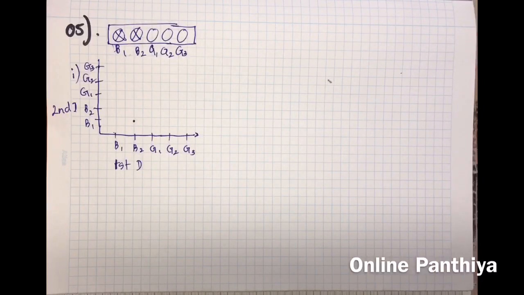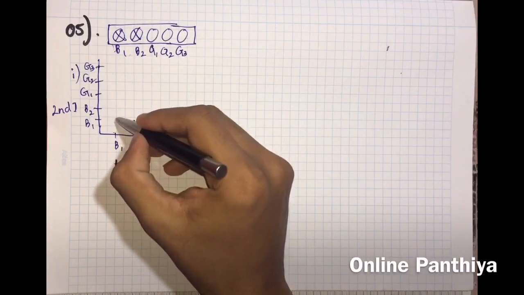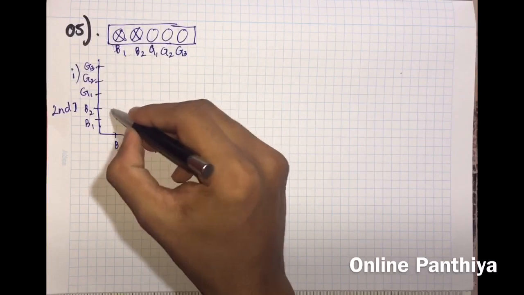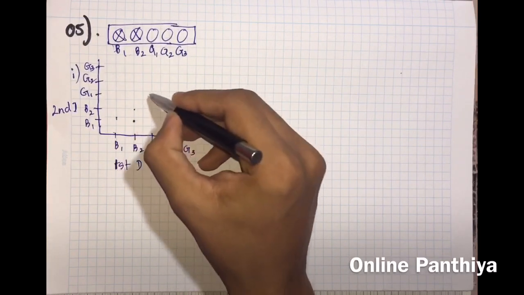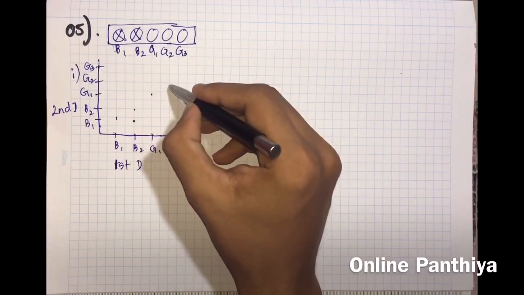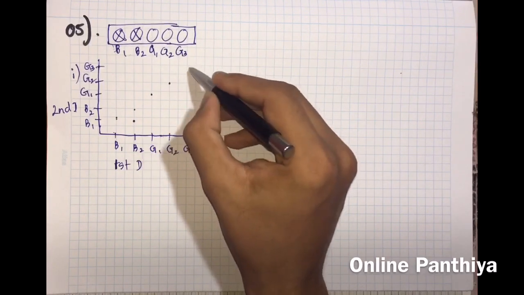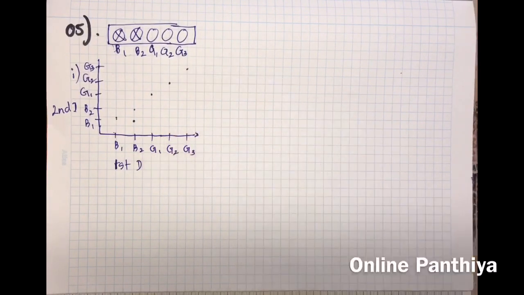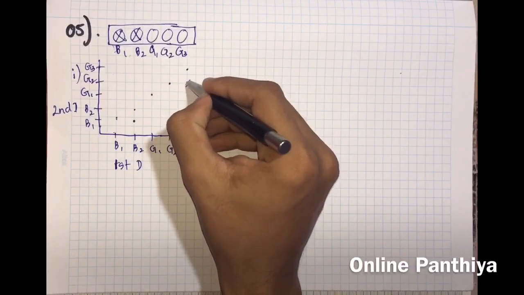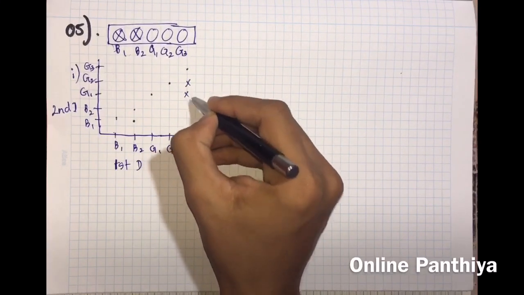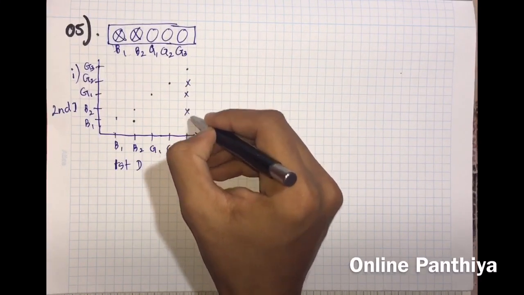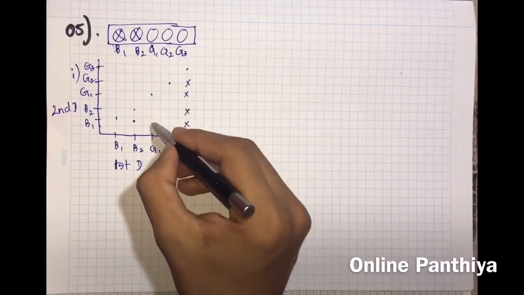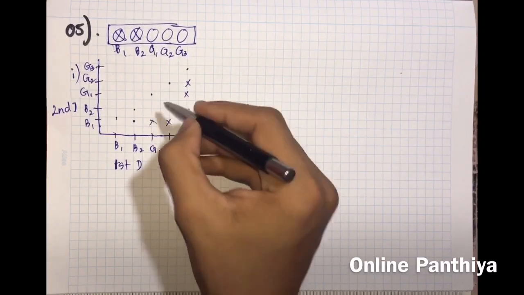Now the column is this part, B1, B1, B2 and B2, and then you have G3, this part and this part. These parts should be ignored. All the other ones should be marked. So let me mark it. 1 here, 1 here, 1 here.